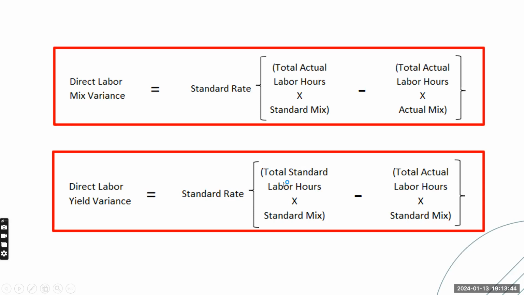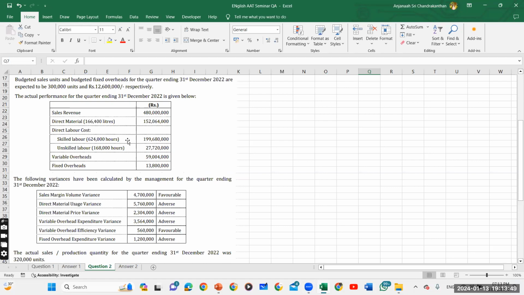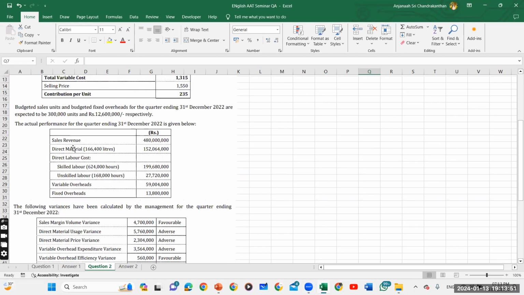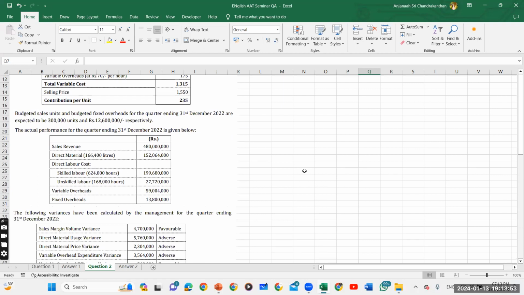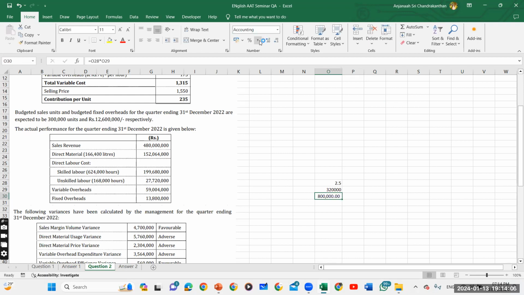That is 320,000 for skilled, but you have to take the total, so you have to do the same for unskilled. Easily, we can take 2.5 multiplied by 320,000, so you get the total standard labor hours on actual production, 800,000.